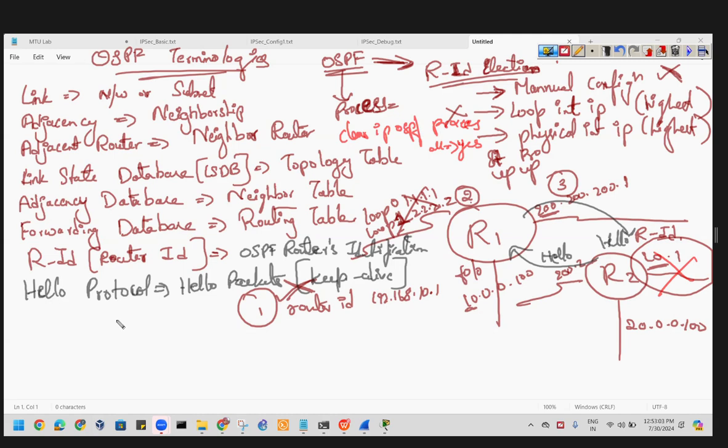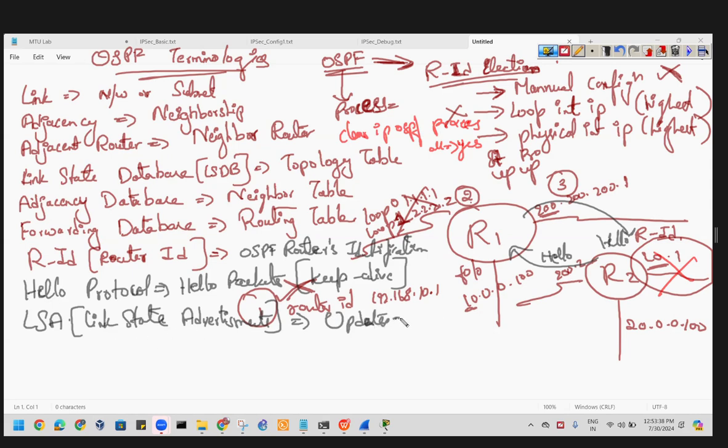Then you have LSAs, link state advertisements. As I told you, the routers will share the updates when they are syncing. So the updates will be shared using the LSAs.